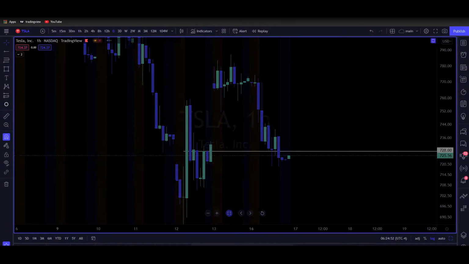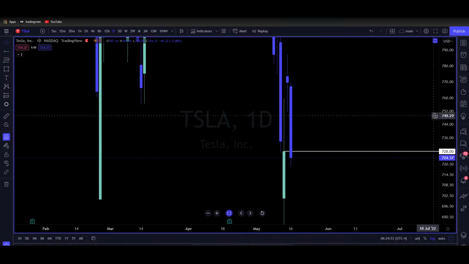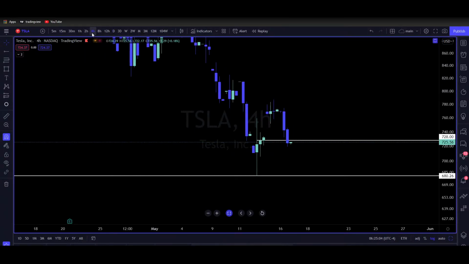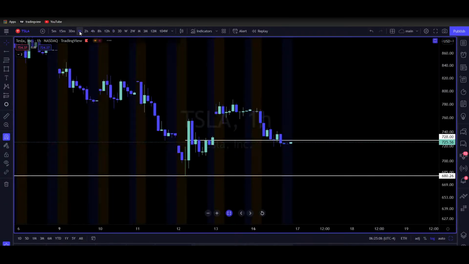728's a decent level to watch. That's going to be daily demand. And where would my targets be? 755 would be a decent target. 756 would be a decent target.